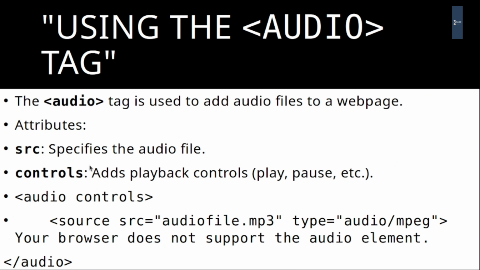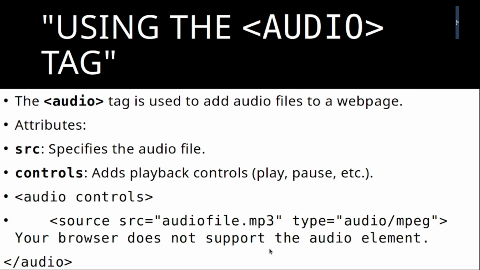And we have controls, which adds playback controls like play, pause, and so on. Then we have a source element, which is src. We don't need to write this one, but it's better. We have an audio file, mp3, and the type is audio/mpeg. And this is just an example.